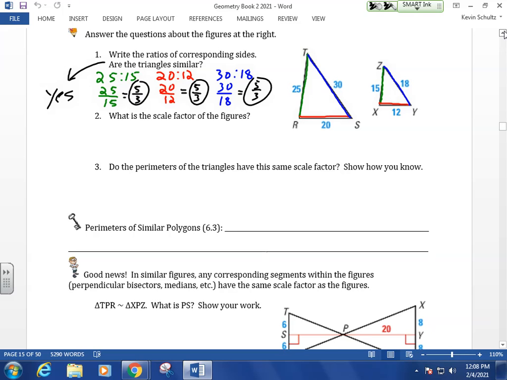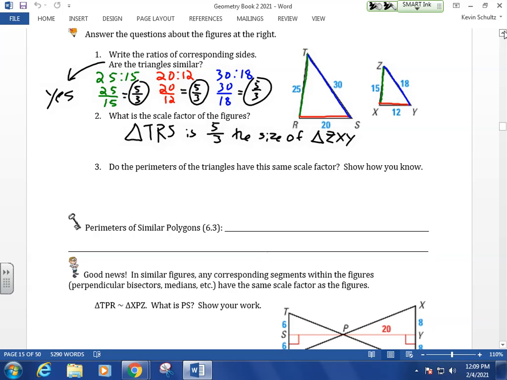And then what is the scale factor for the figures? Well, how do we get from one figure to the other? Okay, triangle TRS is 5/3 the size of triangle ZXY.